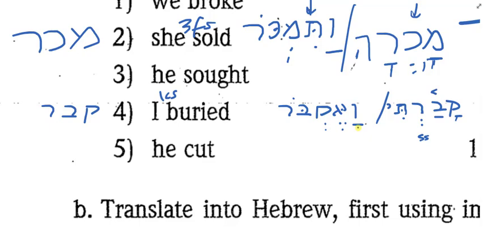No. It will reject the dagesh forte. And what will happen to the patach, the short a vowel here? It will compensatorily lengthen. So it gets va, ekbor. Vaekbor is "and I buried." Okay?